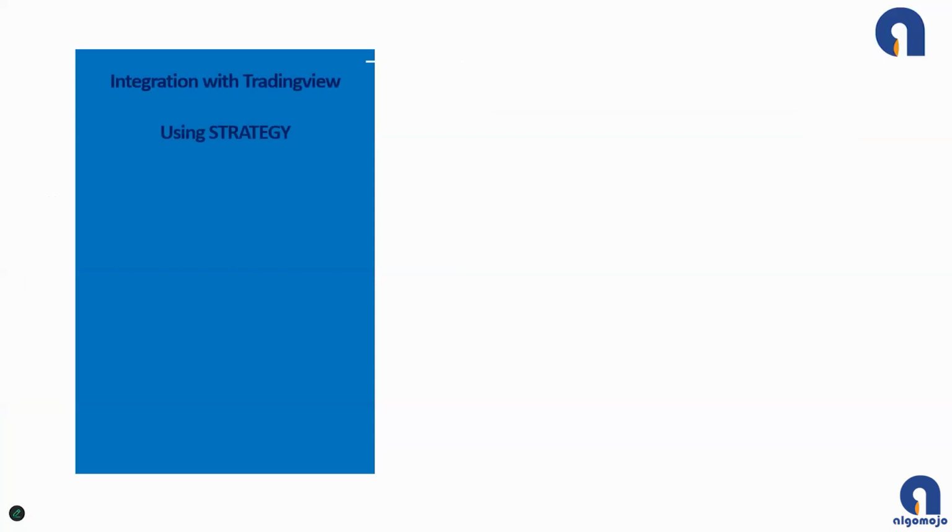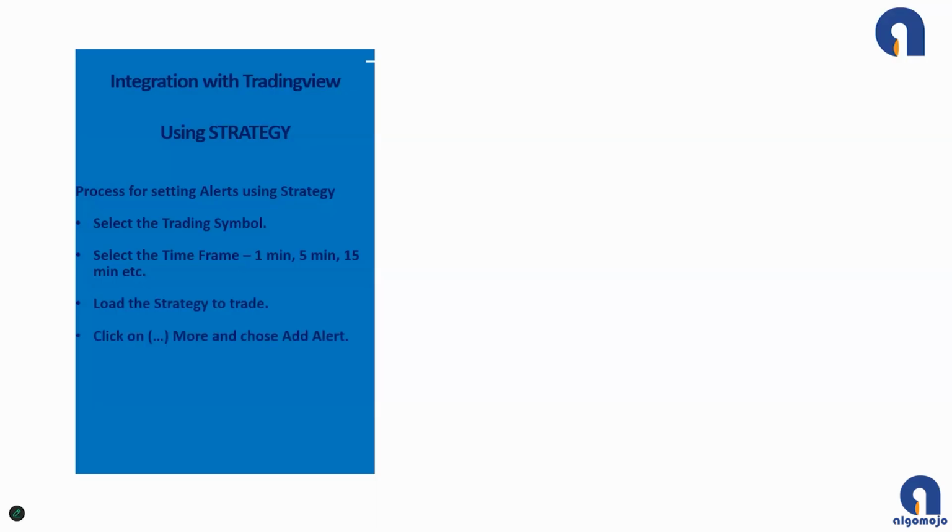Now, the process for integration using TradingView, using a strategy, is that you have to first select the symbol, then select the time frame in which you want to run your strategy. It can be 1 minute, 5 minute, 15 minute, hourly, whatever time frame you have running your strategy. Then load your strategy that you want to trade.